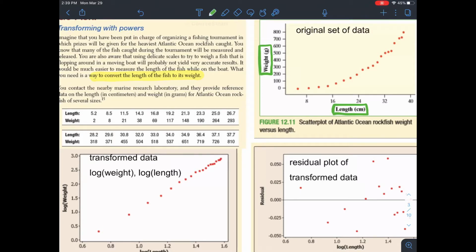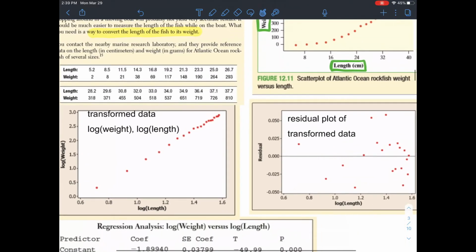In this next scatter plot, our explanatory variable, instead of being length, is now log base 10 of the length, and our response variable, instead of being the weight, is now log base 10 of the weight. So essentially, how we got these points is we did log 5.2 as our new x value and log 2 as our new y value. We plotted that point. We did log of each of these and plotted those new graphs.